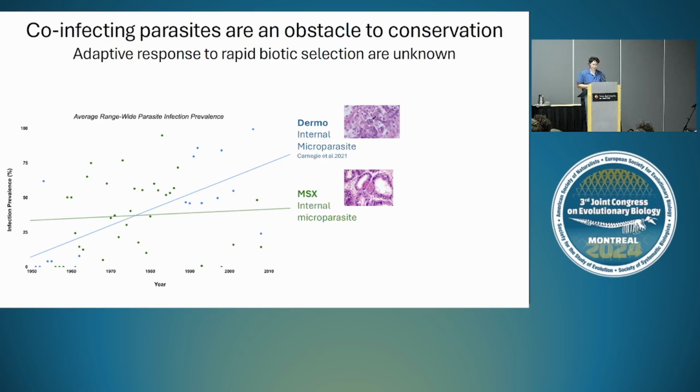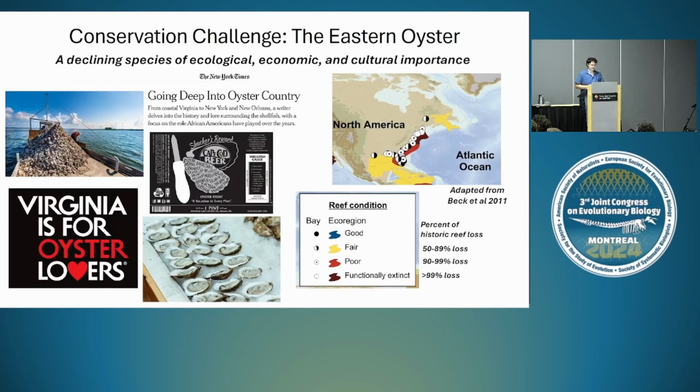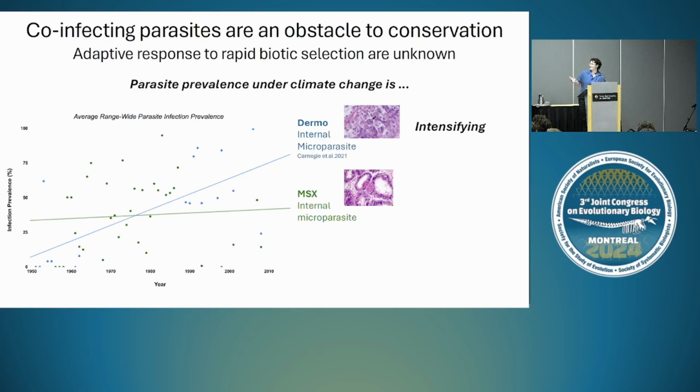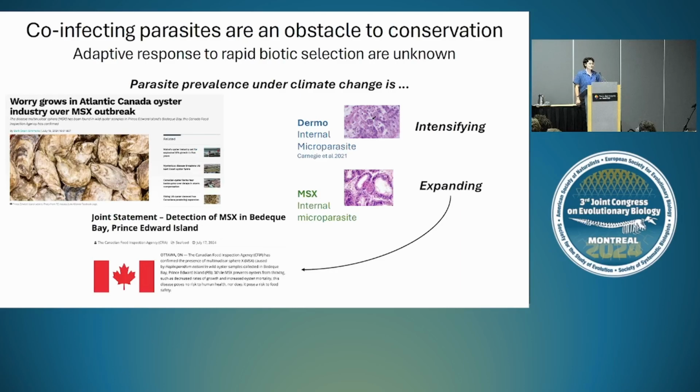The first is dermo, which we can see in this plot of disease prevalence over time, that under climate change conditions, the parasite prevalence is intensifying. And for the second disease, MSX, while it's not intensifying, it's actually expanding. So just within the past 2 weeks here in Canada, there's been novel observances of MSX in Canadian oysters at Prince Edward Island. So these parasites are proving to be a real threat.